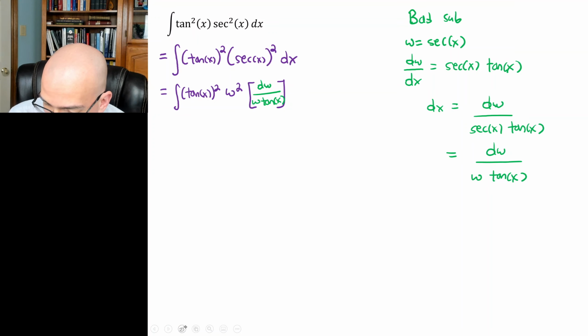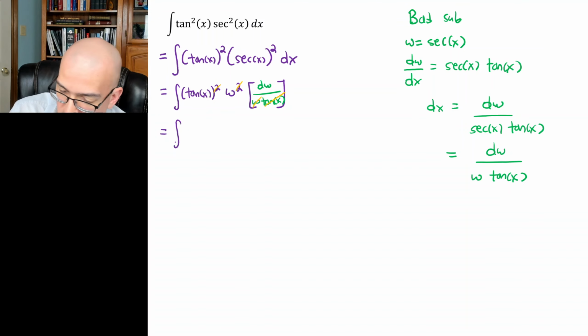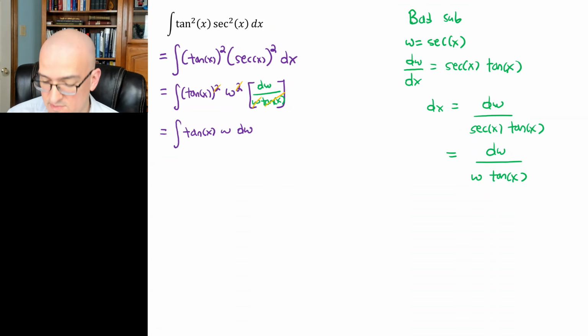And we get some stuff canceling. We get 1 power of w on top, canceling the w on the bottom. We get 1 power of tan of x on top, canceling the tan of x on the bottom. And we have an expression, tan of x times w dw, and we're stuck.